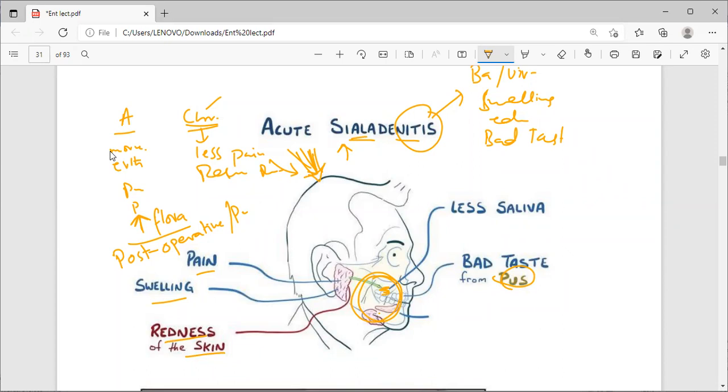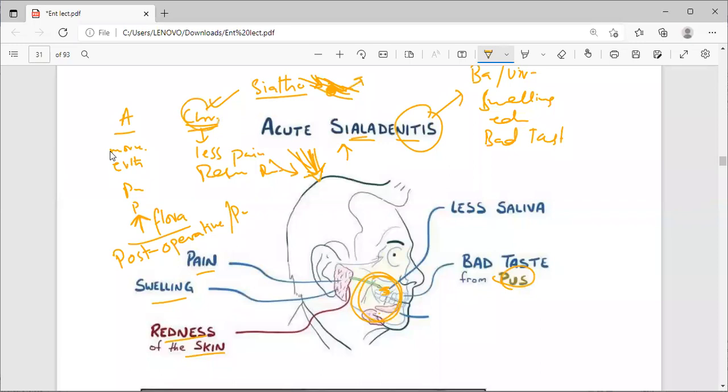And this can also be because of sialolithiasis. Suppose the patient has a stone stuck in the pathway of the submandibular gland, and he cannot release the serous fluid. So again and again there will be chronic inflammation. One time it will open, and again it will be blocked.